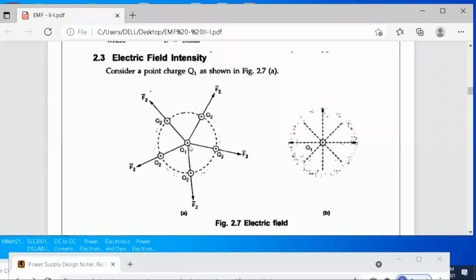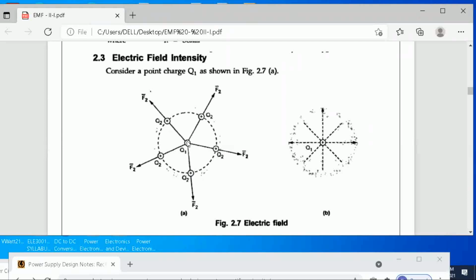So if it is in the middle here, if you go in any direction from Q1 outwards, you should get the same field strength, right? You agree?